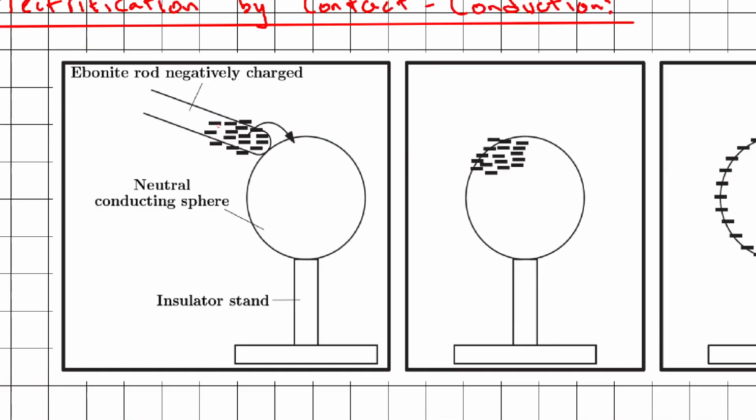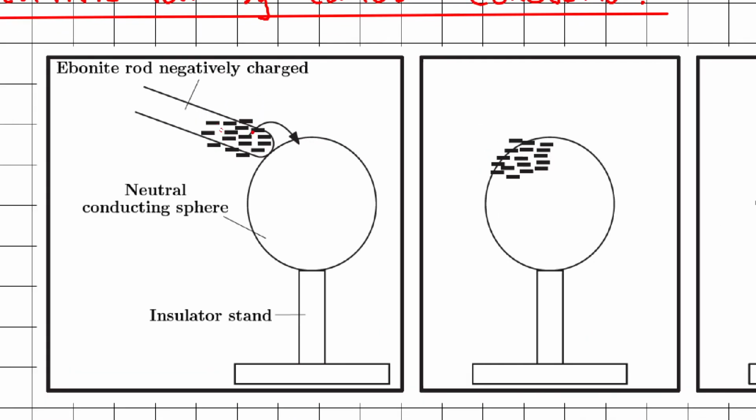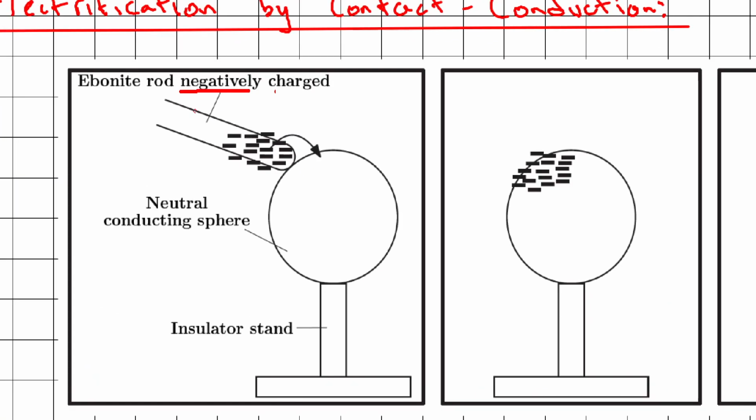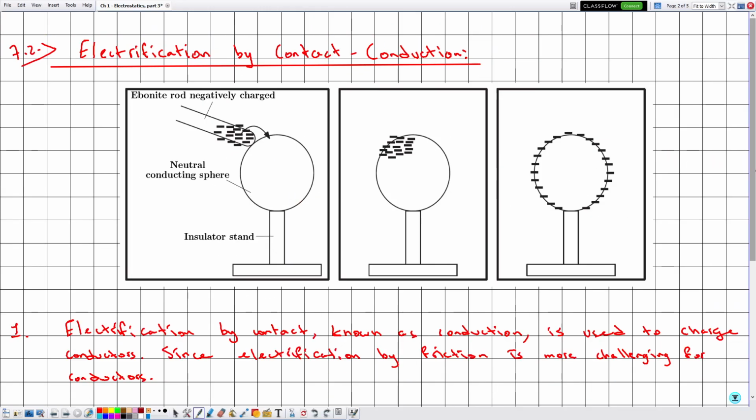Because electrons are being migrated from the rod to the sphere, the sphere will be negatively charged, because one of them is initially neutral and the other is negatively charged. Recall that in electrification by friction, if one of them is positive, then the other is negative, because initially both of them are neutral. Here, the ebonite rod is negatively charged and the sphere is neutral.